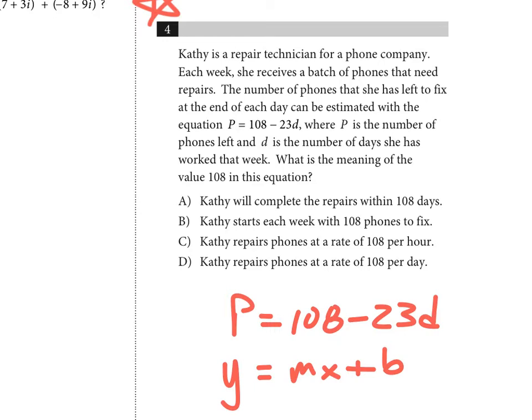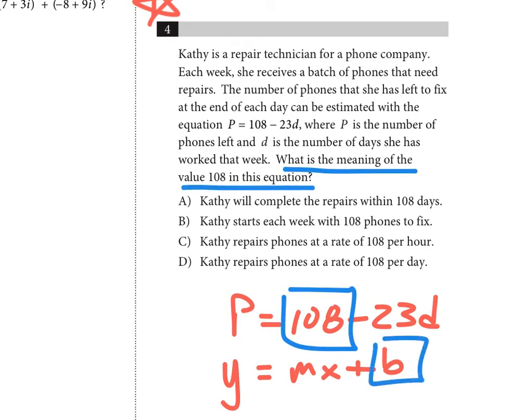With the 108, it wants to know what is the meaning of the value of 108 in this equation. That's your y-intercept, also known as your initial value. So it's what she starts with, the 108 phones she gets every week. B.